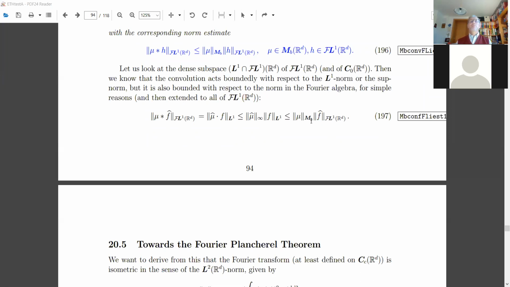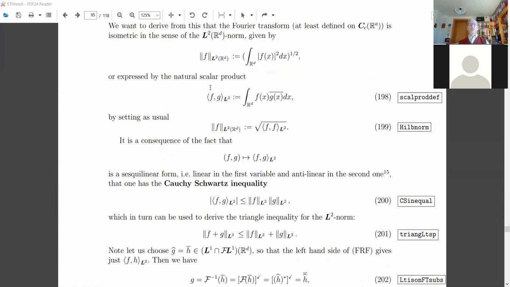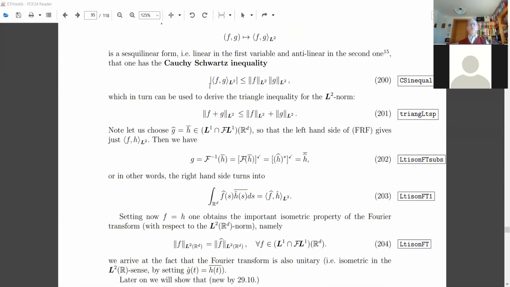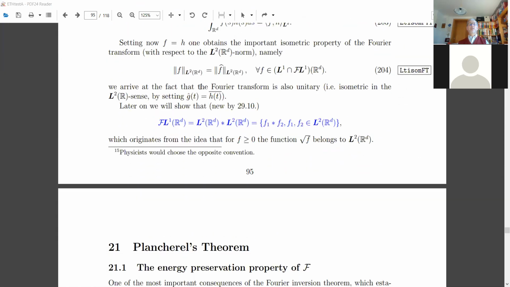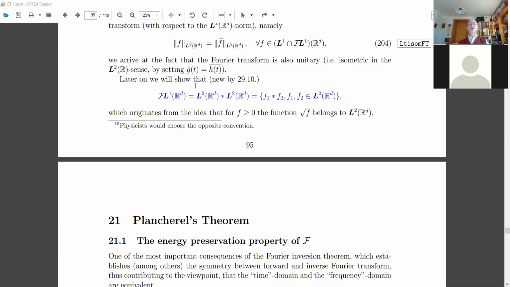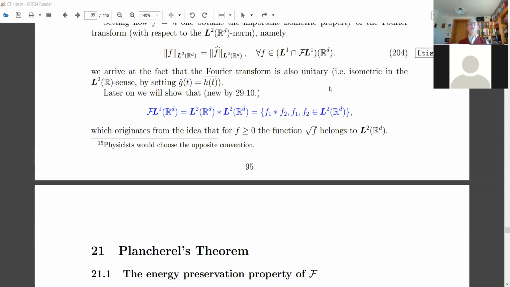So multiplication of an element in L1 by some bounded function named mu hat is harmless, but we will use this fact also further. So I'm skipping further identification. Here again, you have this formula. But I would like to mention, I think it's a very nice mathematical statement, but we will not need it.